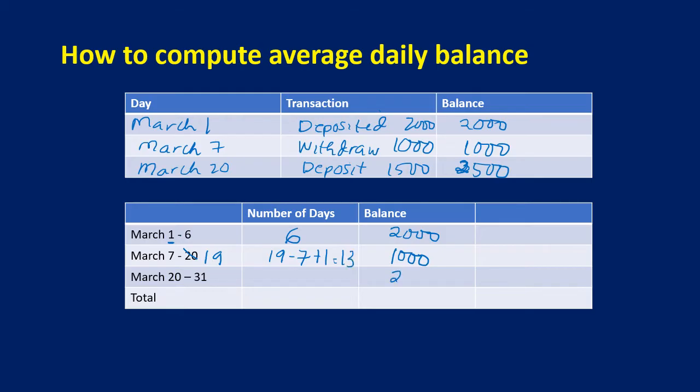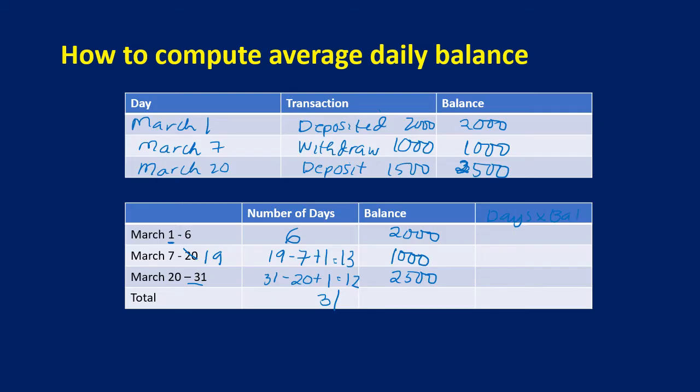And then your balance of 2,500, that was for how many days? 31 minus 20 plus 1 is 12. So as you can see, when I add up the number of days, it will really add up to 31. Now, what you need to do is to multiply days times balance.